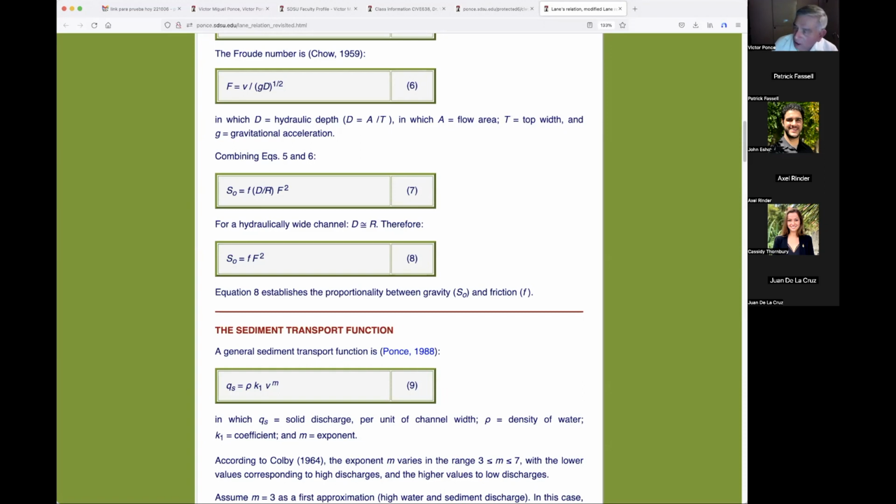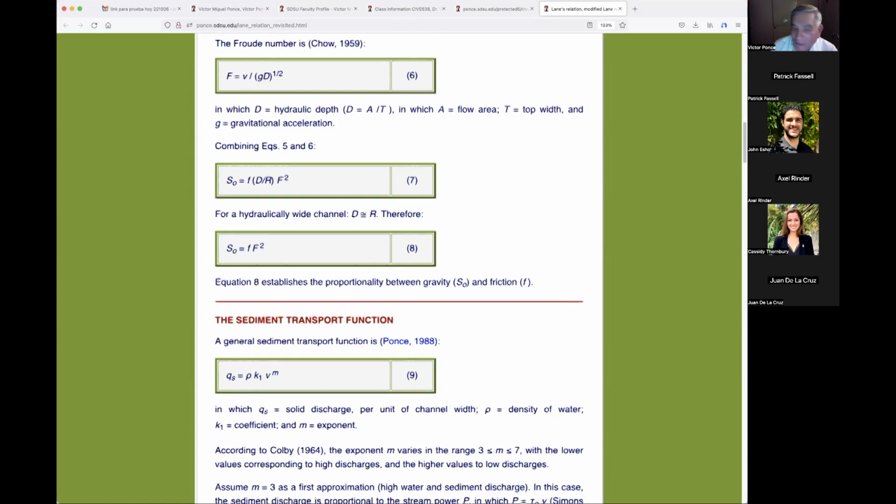So then the question at this point may be asked, but friction and gravity are not the only forces. There's 2 other forces. You got inertia and you got the pressure gradient. And the answer is yes, but for the Froude number, they don't matter. They matter for some other situations, but not for this.